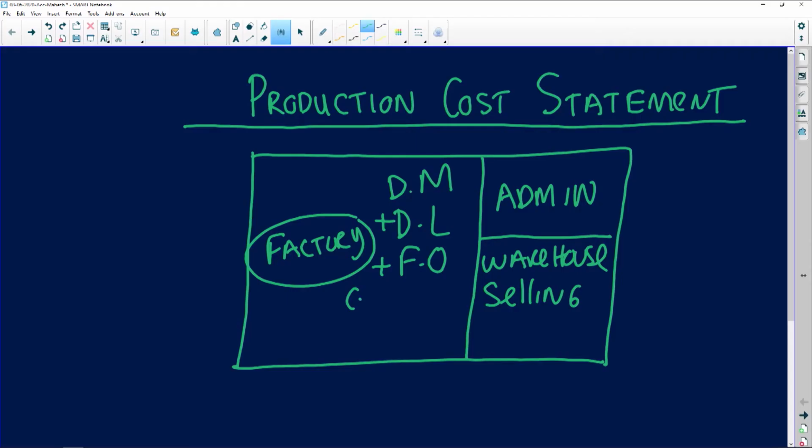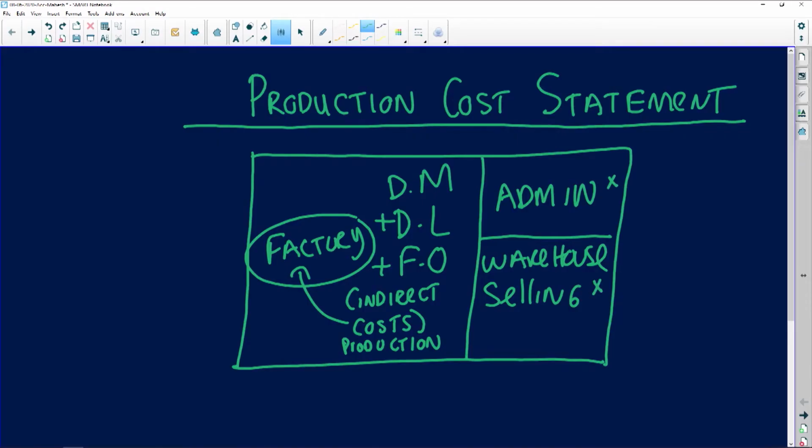So remember, factory overheads, all your indirect costs, that obviously relate to the actual factory or relate to the production itself.